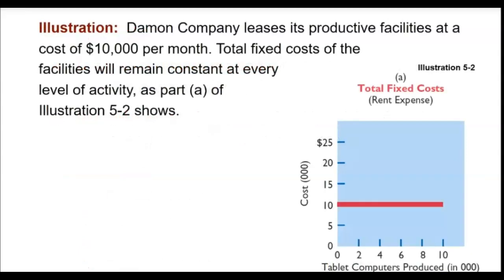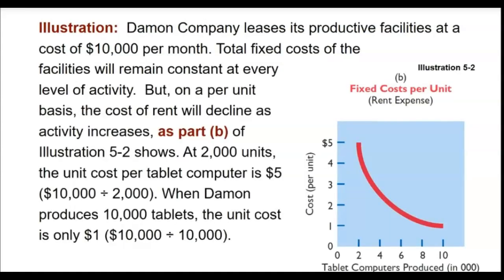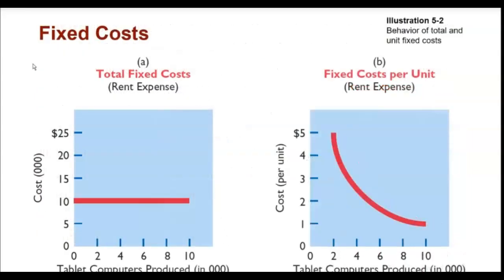And we can graph a fixed cost very easily. In total, it remains the same. However, as activity increases, the fixed cost will decrease per unit. So when I graph it, there you have the two graphs.